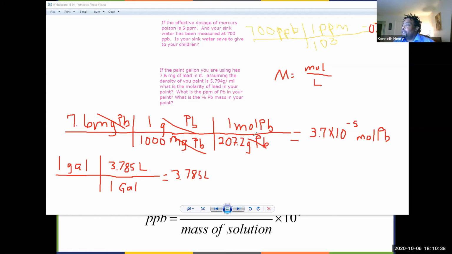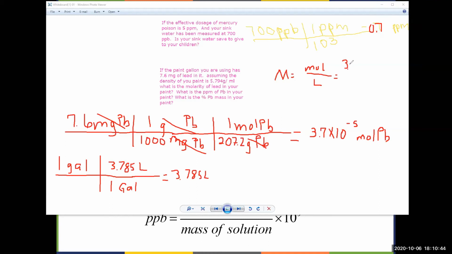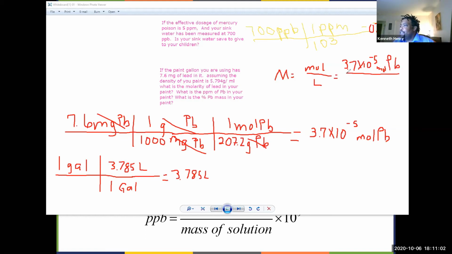Okay. So then, what am I gonna do? Divide the moles by the liters of solution, and we have 3.785 liters.